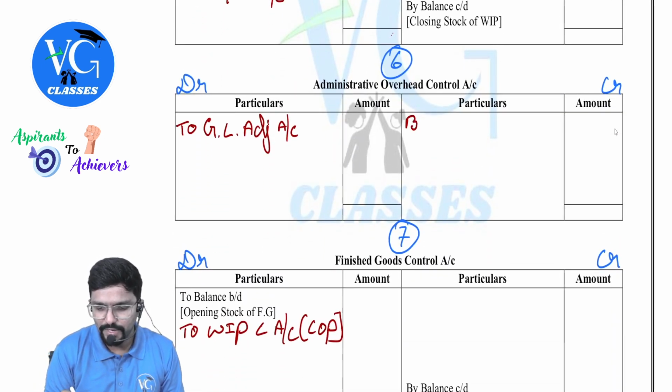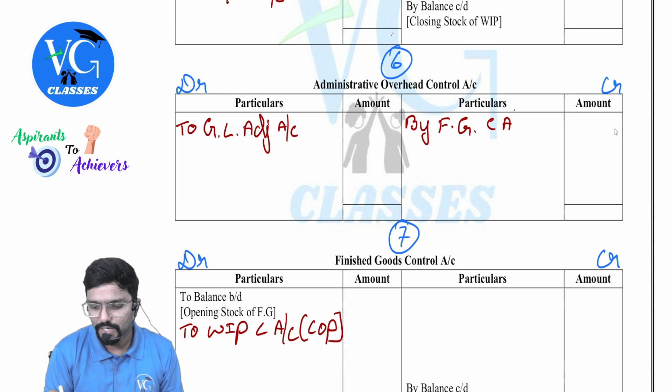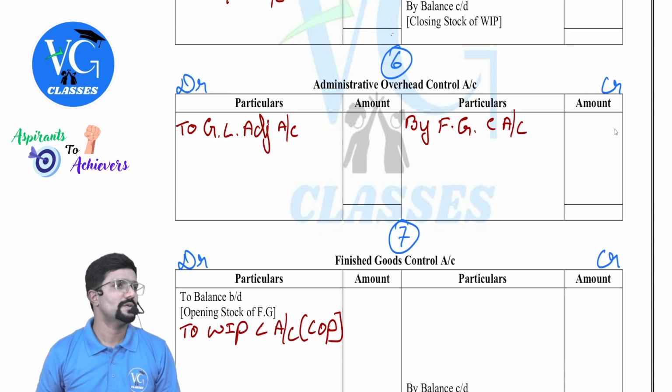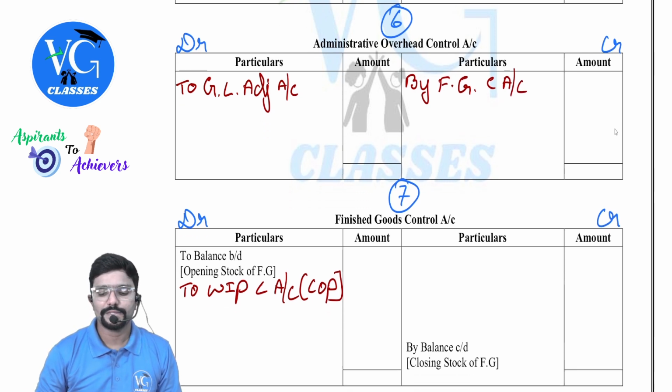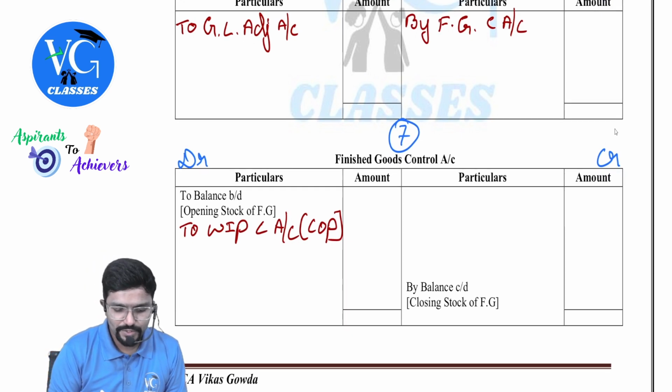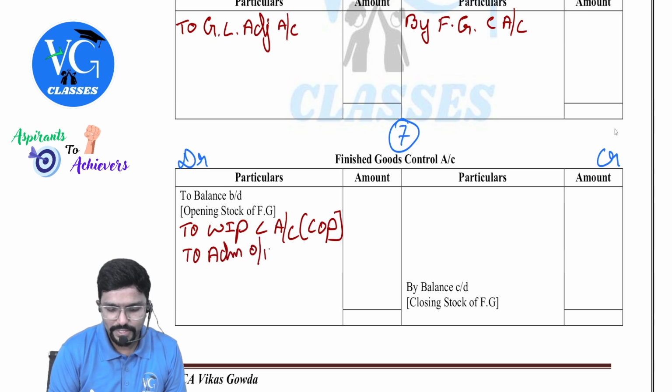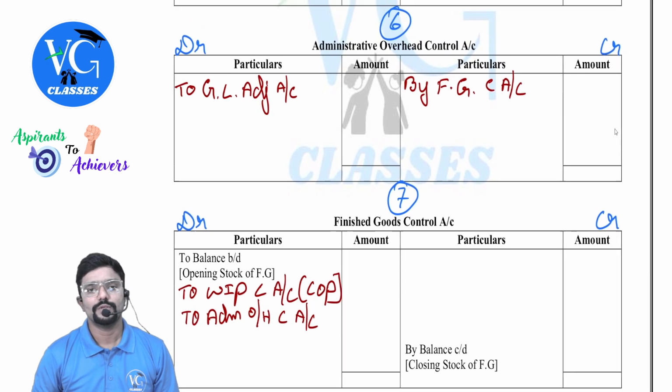Yes, by finished goods control account. This is for absorption. Receive it here, to administration overhead control account. Both the accounts I'm showing.